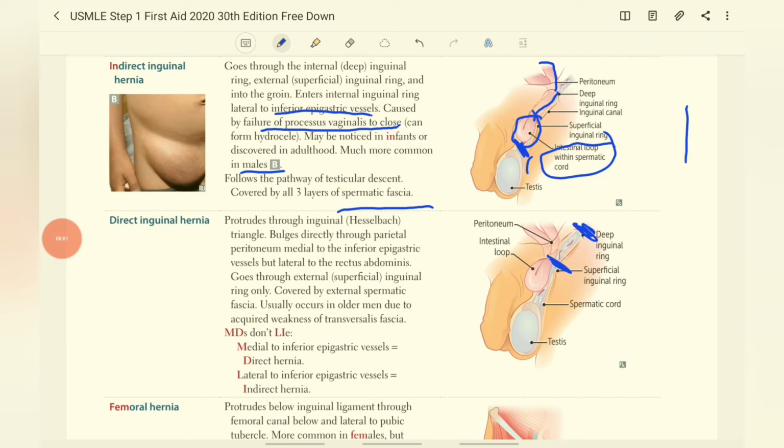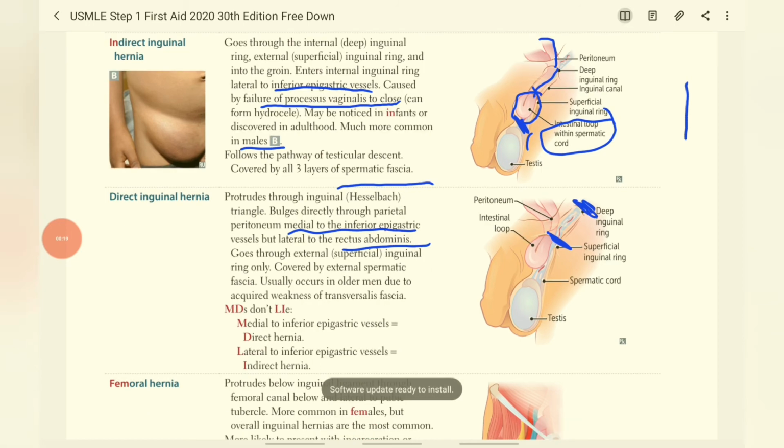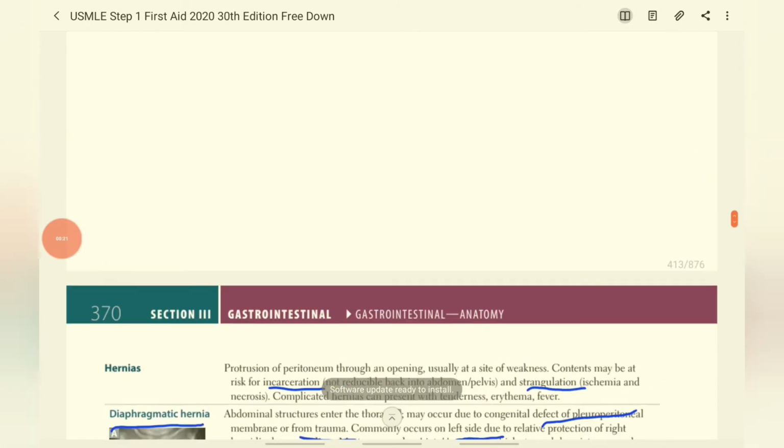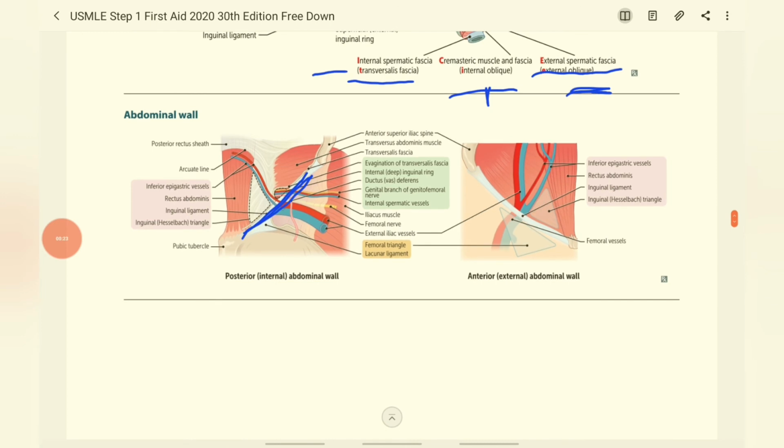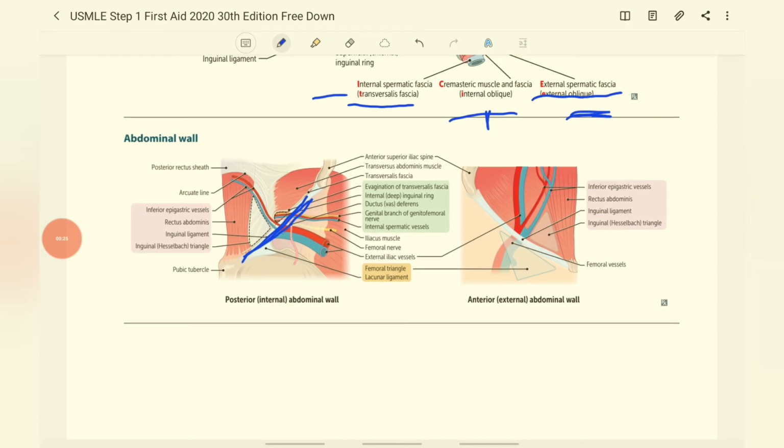The direct inguinal hernia can be seen medial to the inferior epigastric vessels but lateral to the rectus abdominis, and it is moving through a triangle called the Hesselbach triangle. We can see it on this image. Here is the triangle.